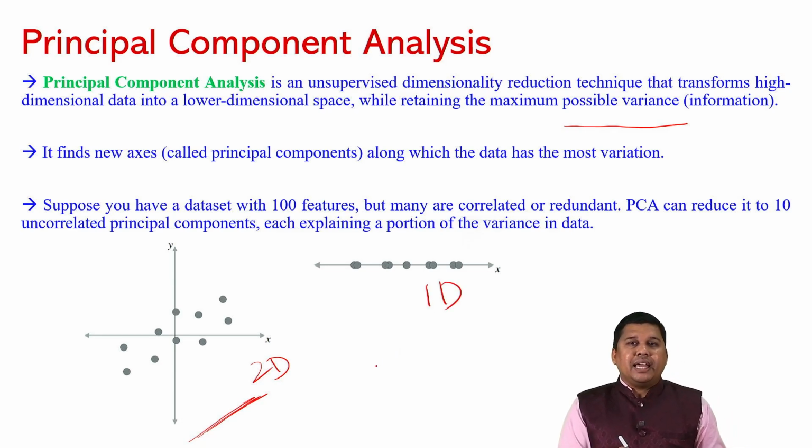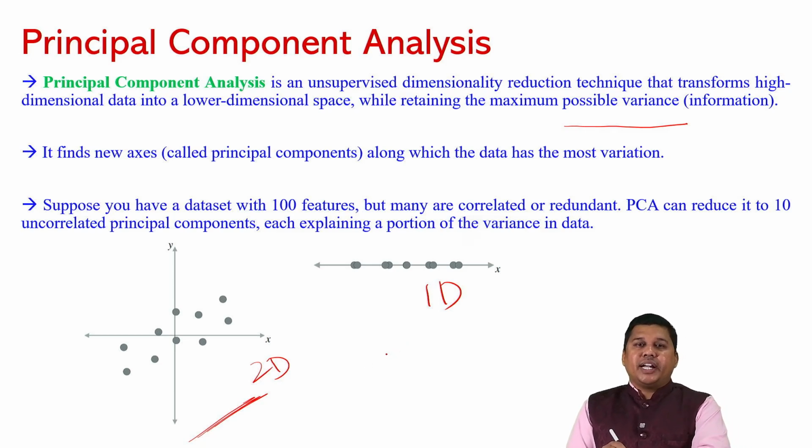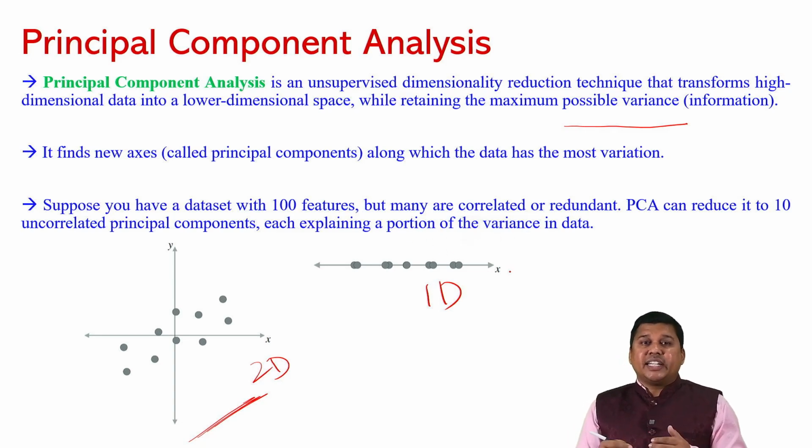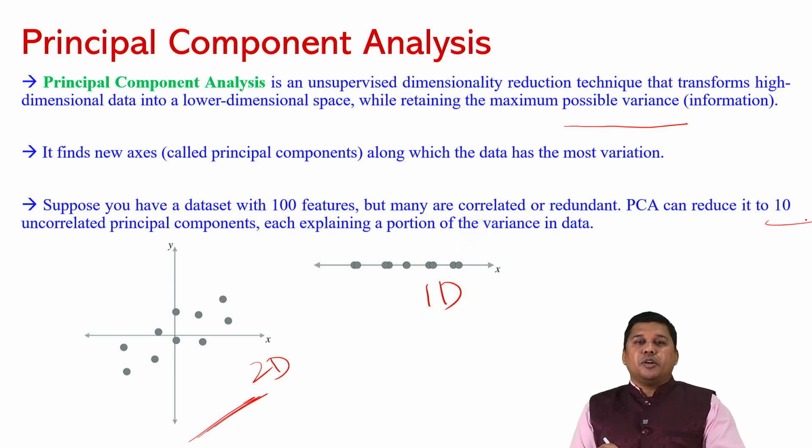So, PCA is a dimensionality reduction technique that transforms higher dimension data into lower dimension data, right. Suppose you have a data set with 100 features, right, but many are correlated or redundant or repeated. PCA can reduce it to 10 uncorrelated principal components. So, 1000 features can be reduced to 10.